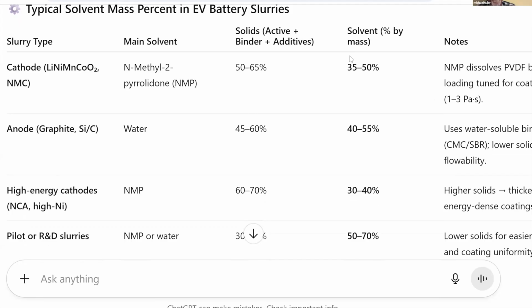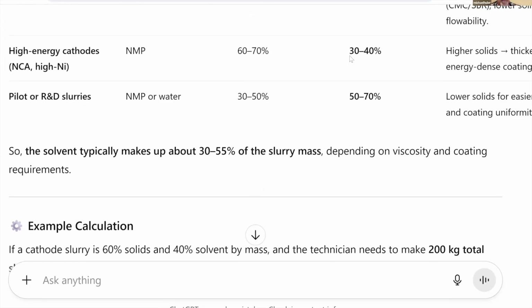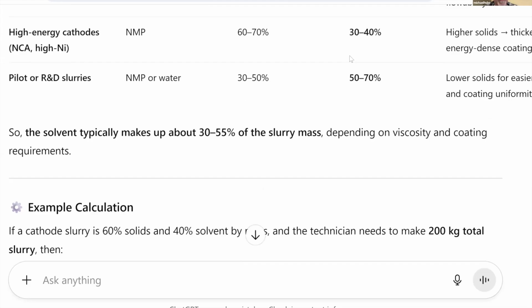It really made a difference, because normally somebody would say, well, if it's 200 kilograms of the stuff in your compound, then 94% or whatever it was is going to be this. Well, it wasn't, because the solvent takes up so much. So it turns out it really could be half of that. These are percentages. It says solvent typically takes up 30 to 55% of the slurry mass.